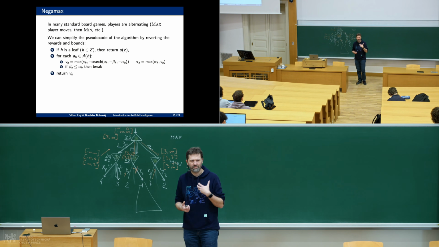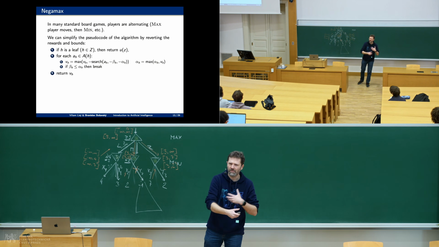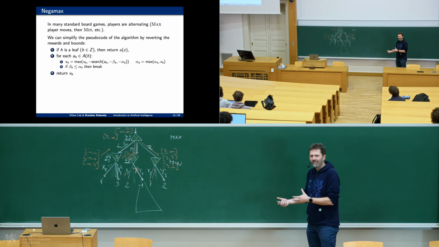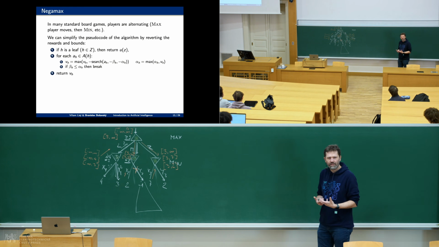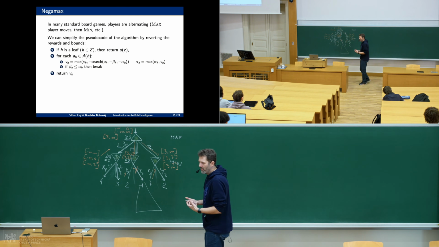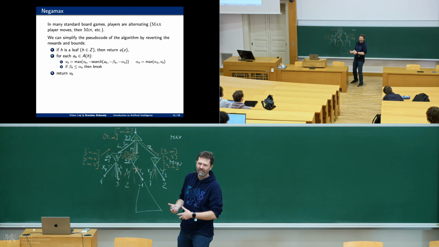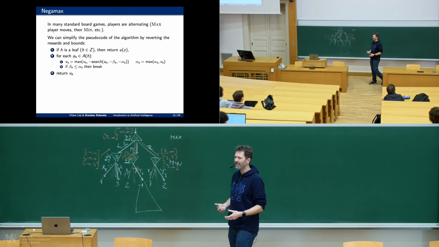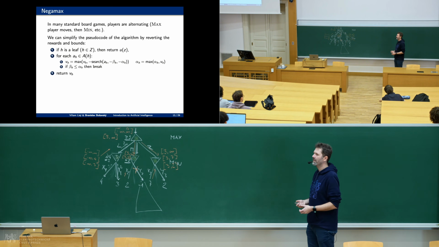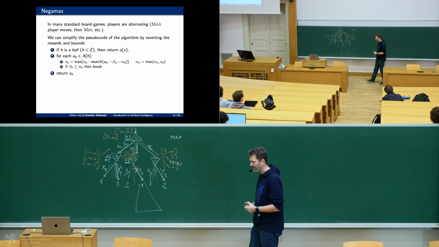So player 1 is at the move, then player 2, then player 1, then player 2. So it's strictly alternating. For our definition, we don't require that. Technically you can have player 1 making 7 moves, and then player 2 making a move. That is a valid extensive form game, but in most of the common games, players are actually alternating.